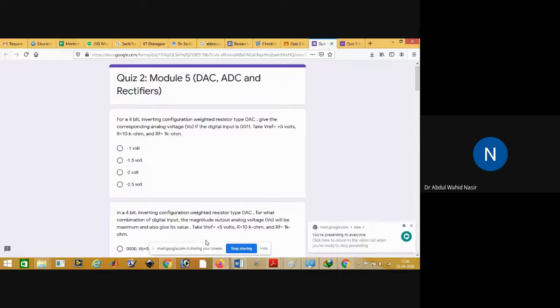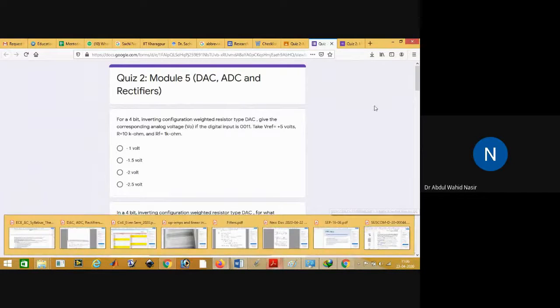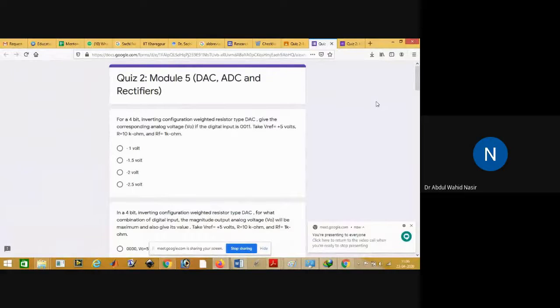So the first problem. I'm discussing the problems of quiz 2. The first problem is for a 4-bit inverting configuration weighted resistor type DAC. Weighted resistor type means we'll be having a resistance R, then R by 2, R by 4, and so on.